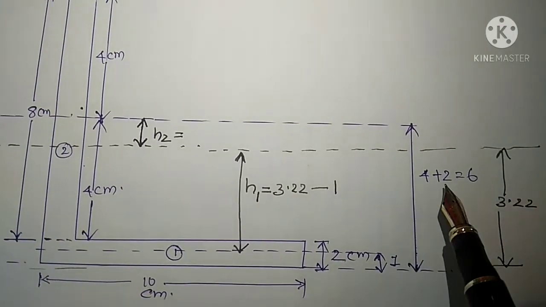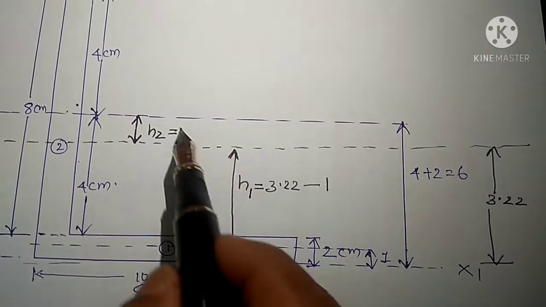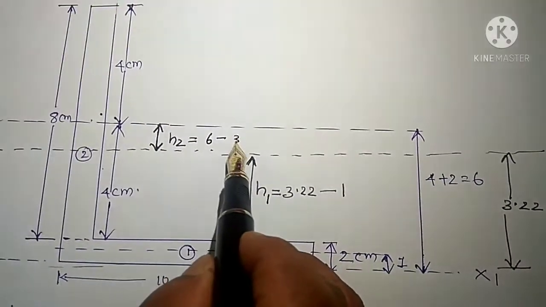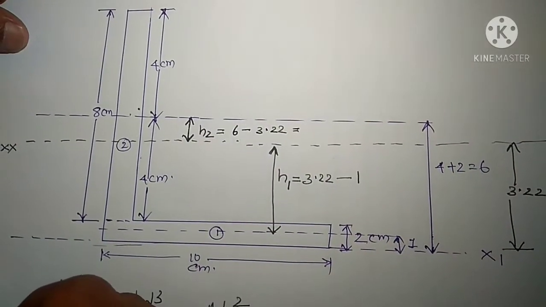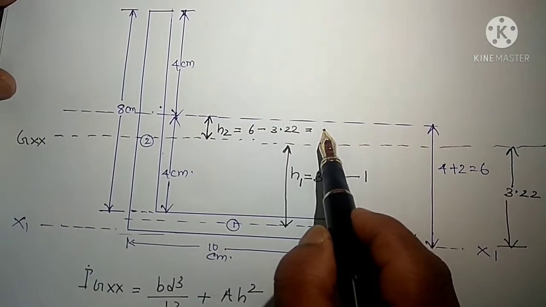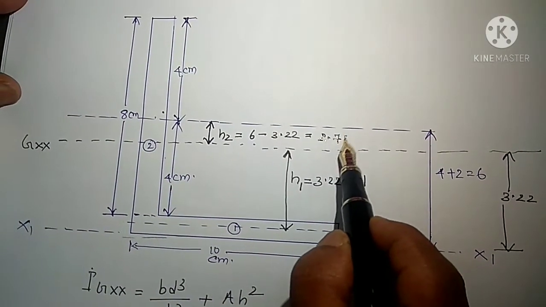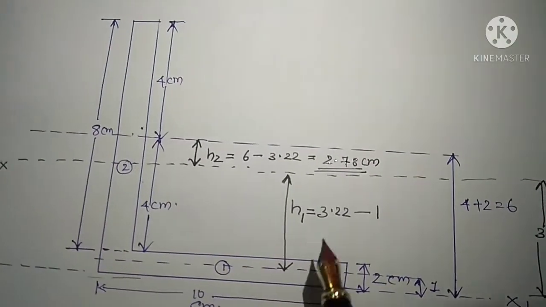So you subtract 3.22 from 6, that is 6 minus 3.22, and you will get the value of S2, which is equal to 2.78 centimeter.